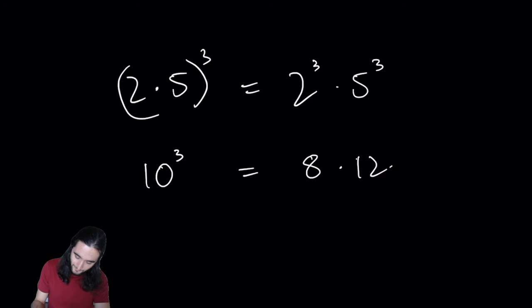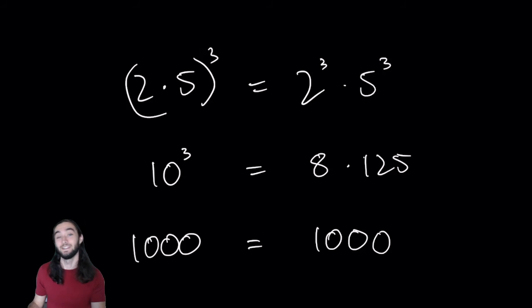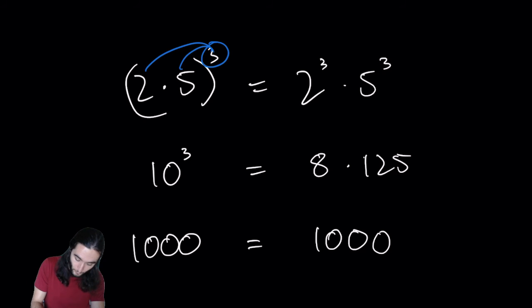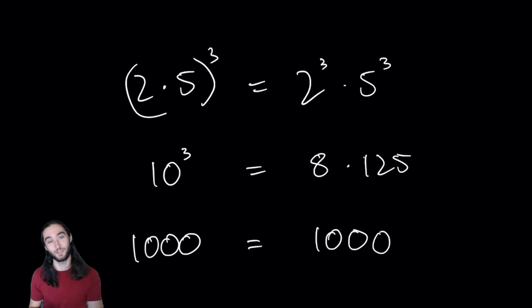This is 125. And if you calculate those, that's 1,000. And 8 times 125 is also 1,000. And in general, this works. You are allowed to take a power and distribute it over multiplication, right? Not addition, but you can distribute it over multiplication. And in the same way, you can't do it over subtraction, but you can do it over division, right?